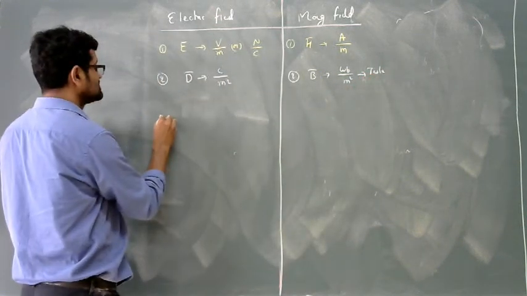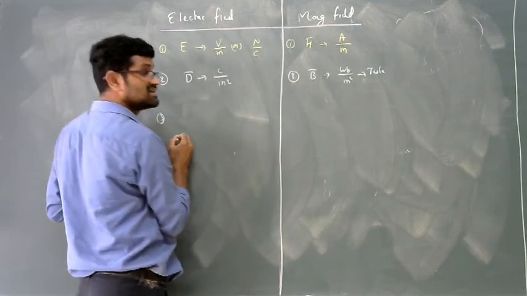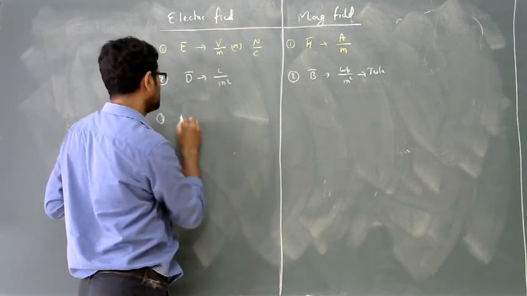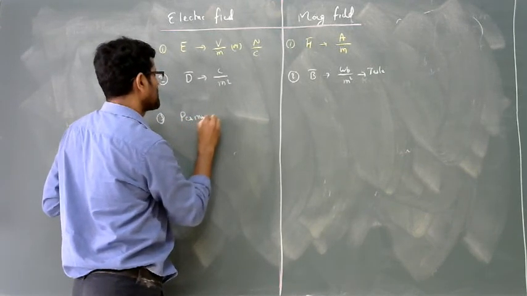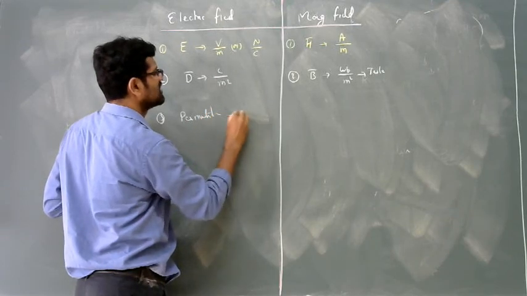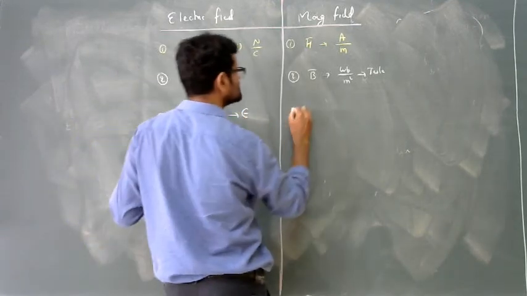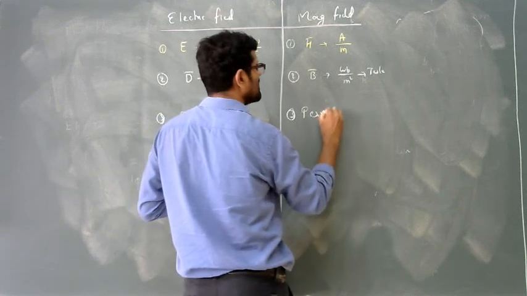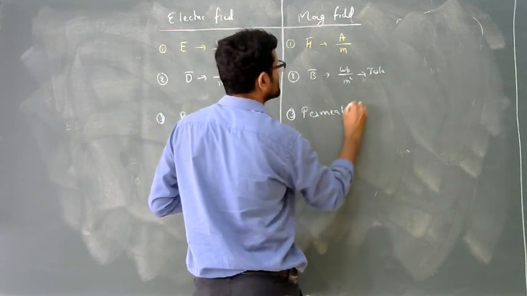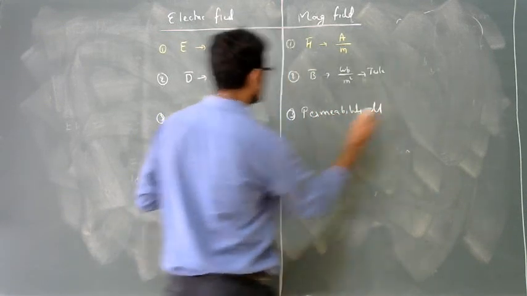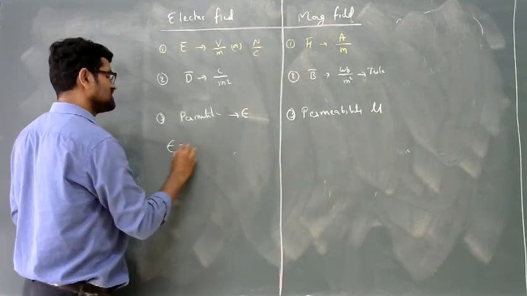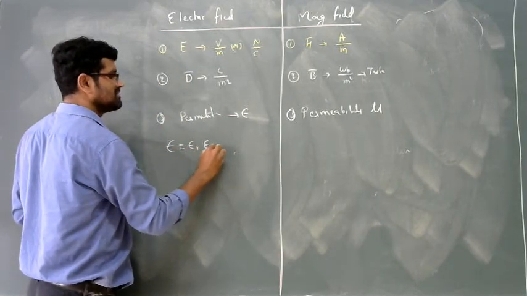Here in electric field, the constant we define is permittivity, denoted by letter epsilon. Here we use permeability, denoted by letter mu. Epsilon is equal to epsilon r into epsilon naught.